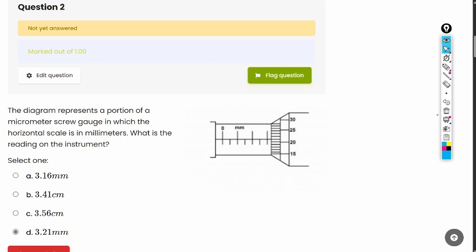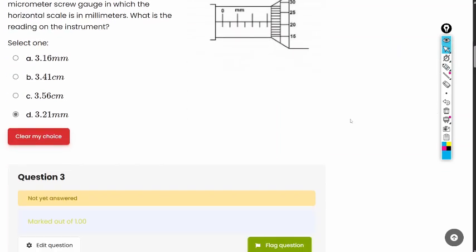So this is 0, 0.5, 1, 1.5, 2, 2.5, 3. The fact that we didn't see the next one means this reading must be between 3 and 3.5. Then we use the circular scale to know where between 3 and 3.5 it is. So the correct option is option B. That's for question 2.